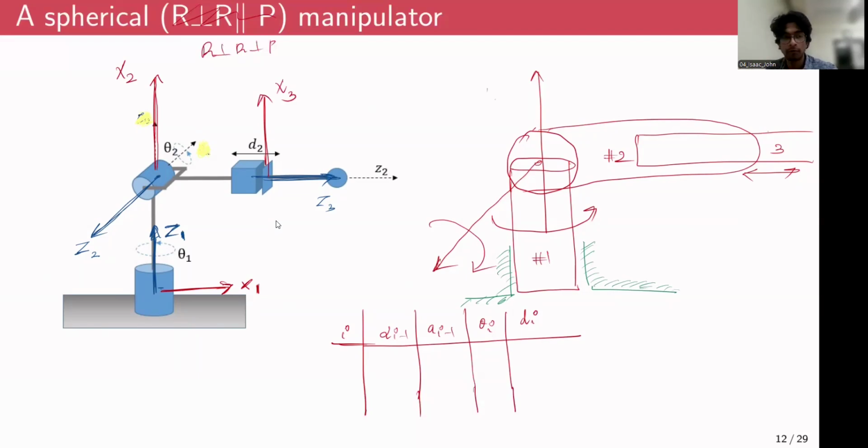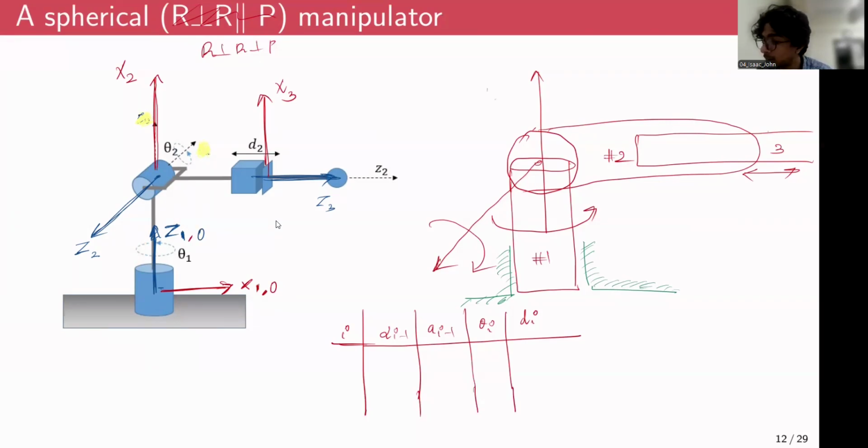And then we also need one more frame of reference, for the ground, a frame that is fixed to the ground. So again, that is also a free choice. You can choose it however you want. And again, for convenience, I'll choose the 0th frame exactly similar to the first frame. So my 0th frame is also like so. The z-axis of the 0th frame is like so, and the x-axis is also parallel to the first axis.